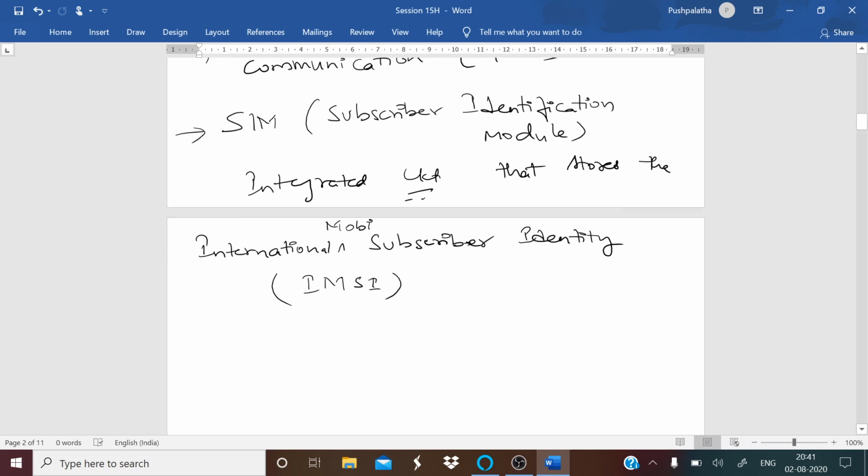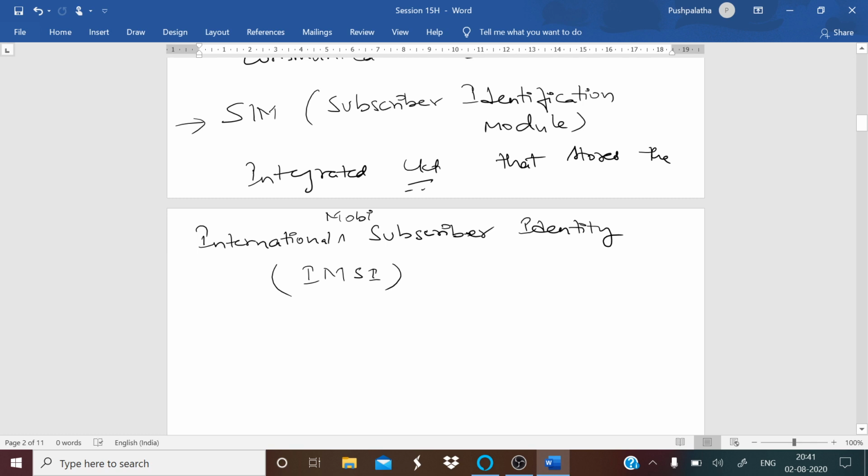So you have your SIM. It is embedded into a removable plastic card, and this plastic card is called a SIM card, and you can transfer the SIM card between different mobile devices.